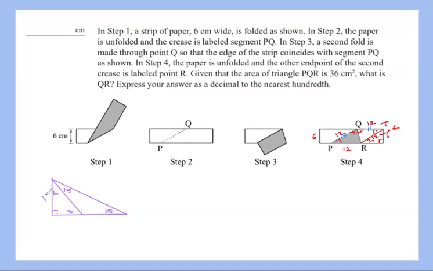So if I name this x, which is the side opposite 30, then the other leg will be x root 3, right? And the hypotenuse will be 2x. Since this is an isosceles triangle, that means this is also 2x. So the goal is to find the hypotenuse. I'm going to call that c, and I'm going to use the Pythagorean theorem, okay?